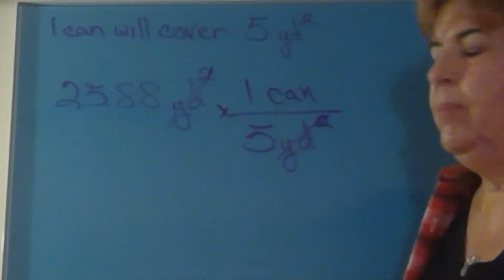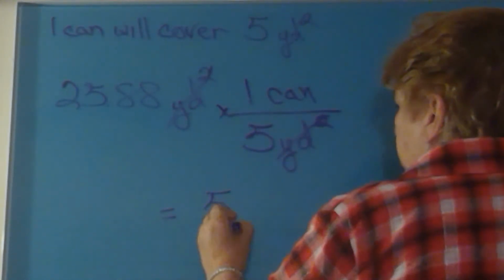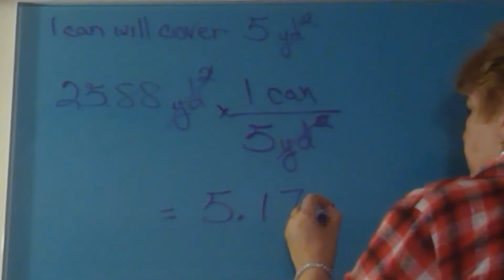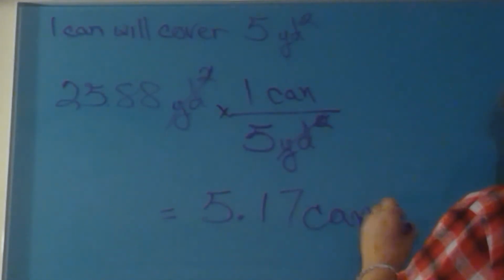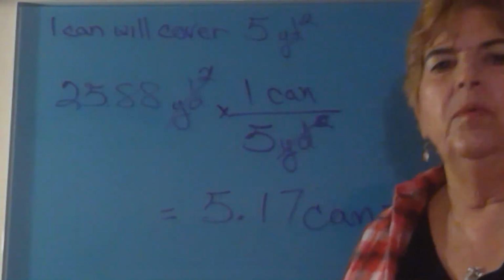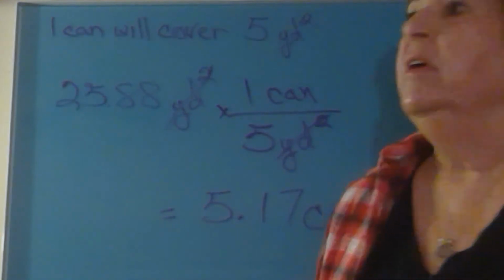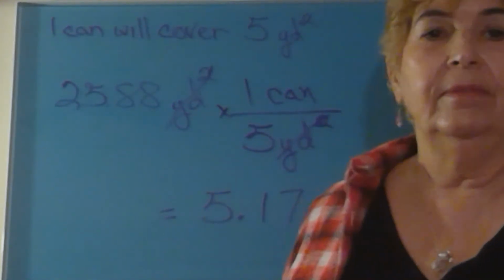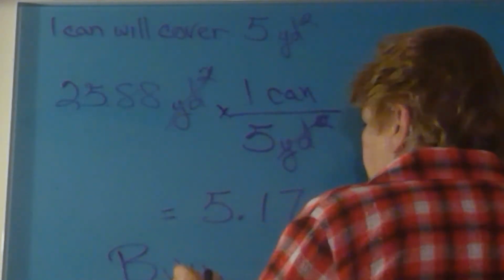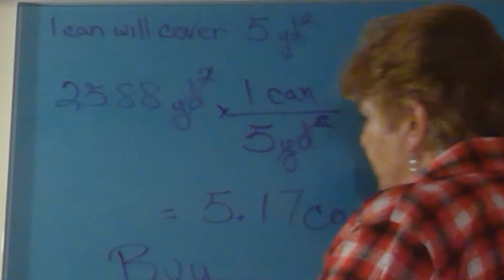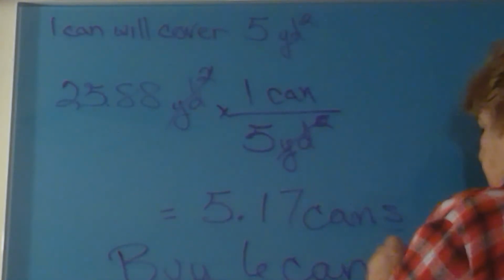So if I divide that by 5, I end up with about 5.17 cans of paint. Which means, unless you've got some windows or doors that you didn't account for, just to be safe and not run out of paint at the last minute, you better buy 6 cans of paint.